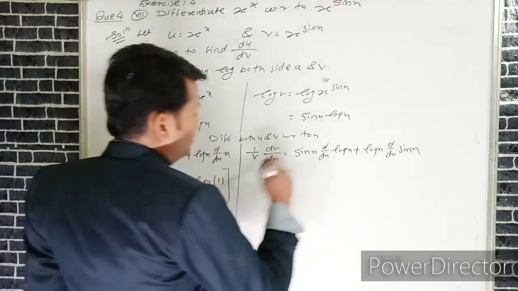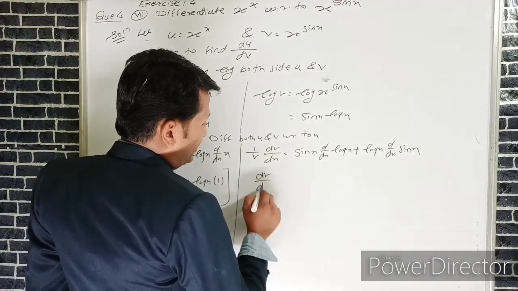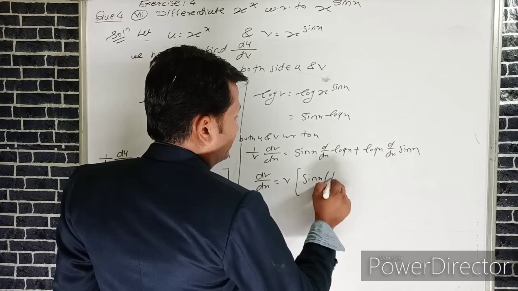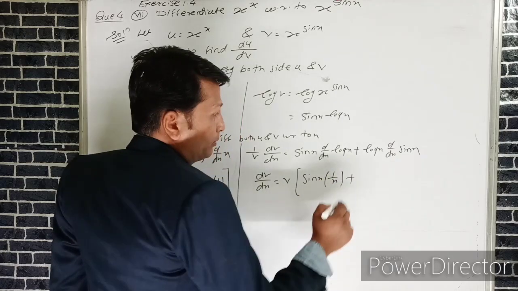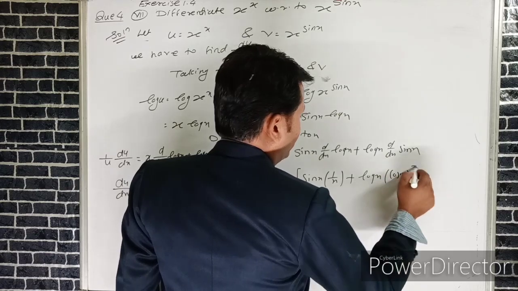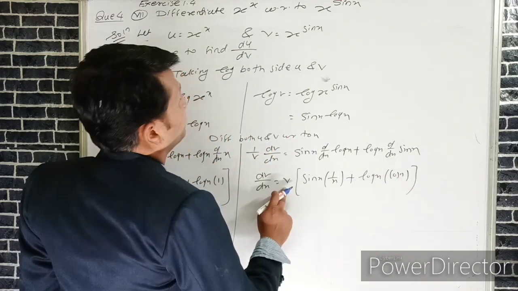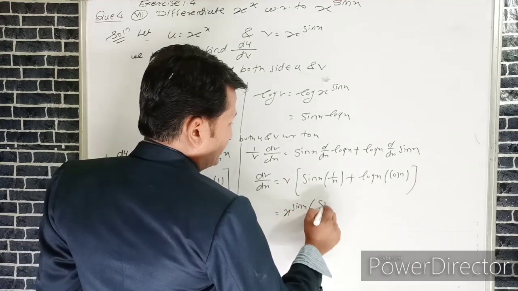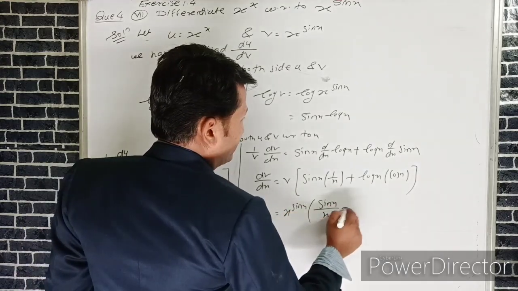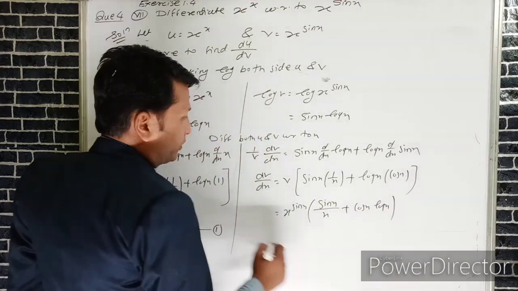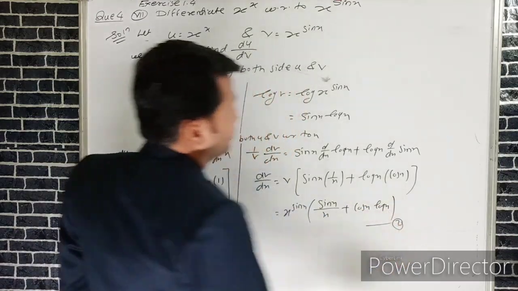Here if we shift this v to the right side, we can write dv upon dx is equal to v into sin x into the derivative of log x, 1 by x, plus log x into the derivative of sin x, which is cos x. We can write this value of v, which is x raised to the power sin x into sin x upon x plus cos x into log x, which is the required value of dv by dx, number 2.